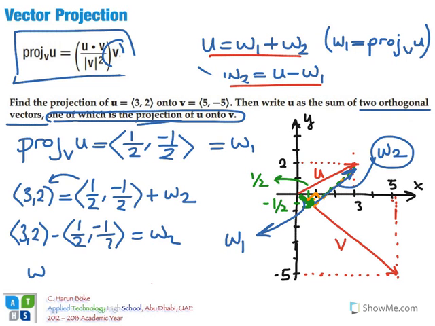When we calculate, we find 3 minus 1 over 2 is 5 over 2, and 2 plus, because minus minus gives plus, 2 plus 1 over 2, you again get 5 over 2. So this is our second vector, which is orthogonal to our projection vector. That's how we find it.